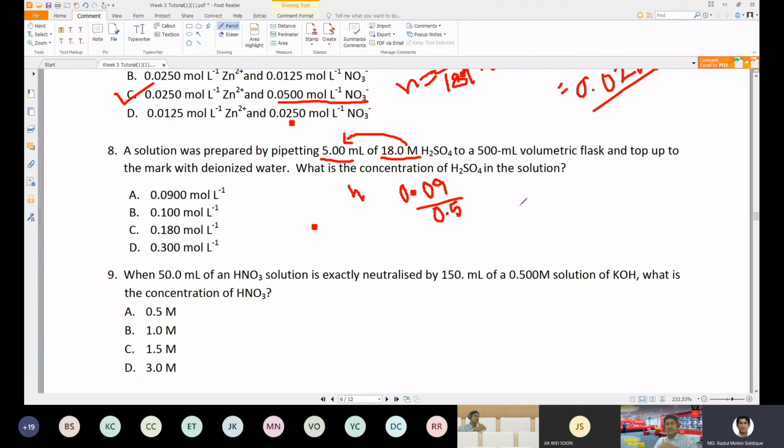In that case, it will be doubled, 0.18. This is 0.18 mole per liter, or 0.18 molar solution it will be.